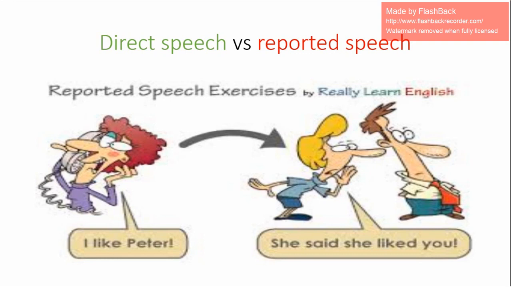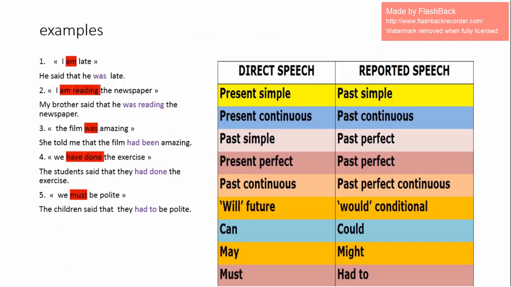Okay, now let's have a full review of changes that we need to perform in verb tenses. So look here, please. So when we have simple present in direct speech, it turns into simple past.